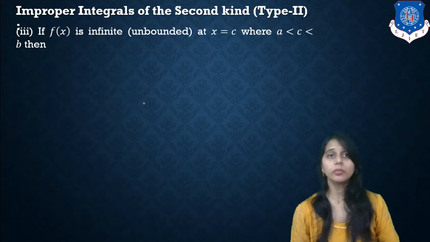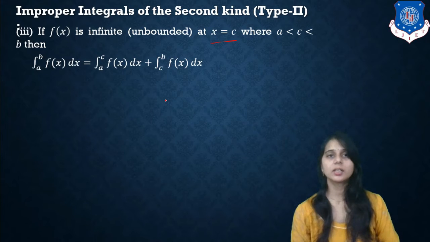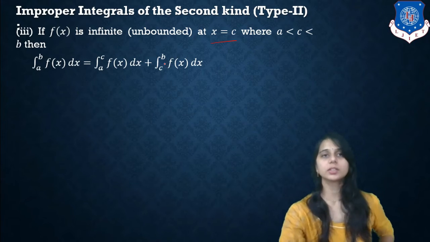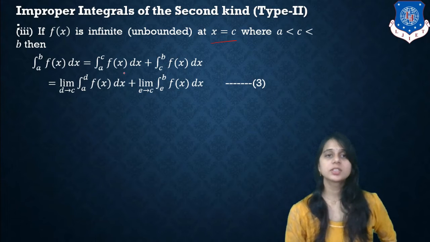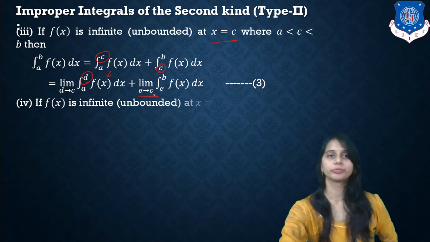In the third case, if it is unbounded at x equal to c, and c is between a and b, then we say the integral from a to c of f of x dx plus the integral from c to b of f of x dx, and we replace c with d in the first term and with e in the second term.